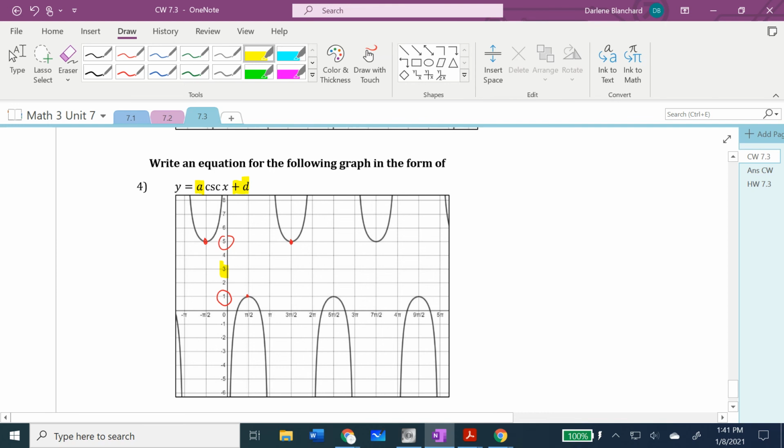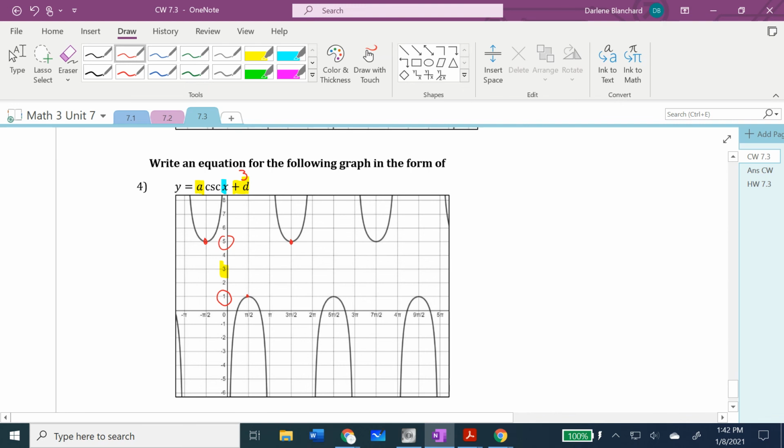And remember that operations outside the function, you do the same operation as the graph shows you. But inside a parentheses with the x, the equation has to do the opposite operation that the graph shows horizontally. So I can see that my d is equal to 3.